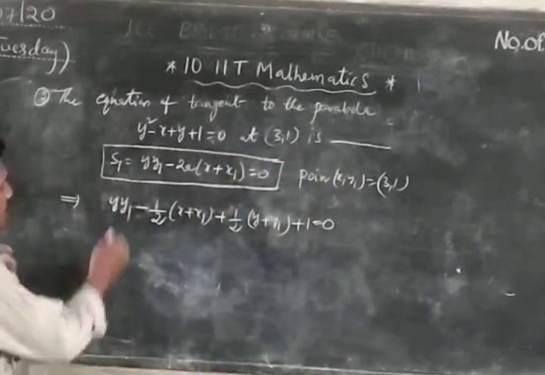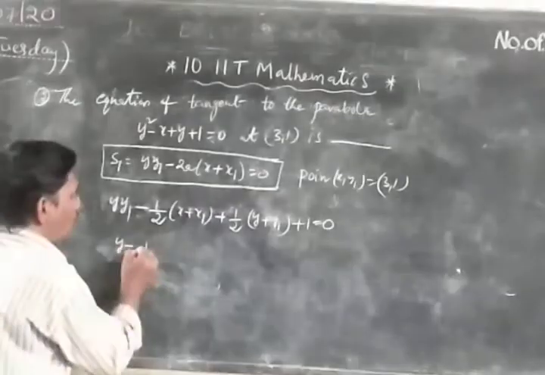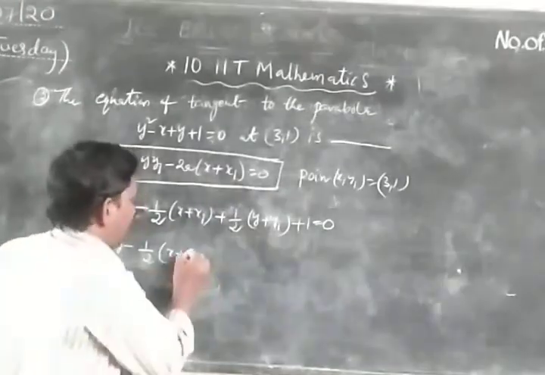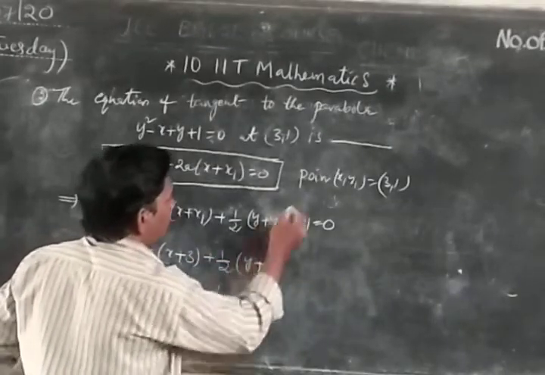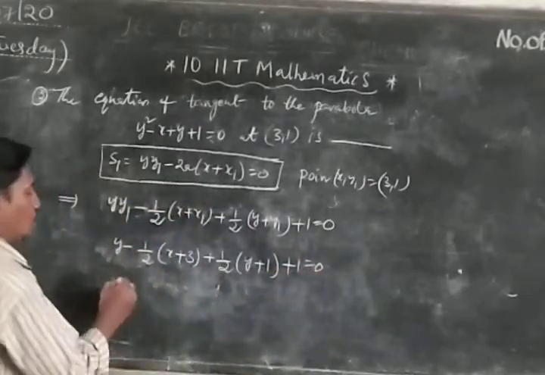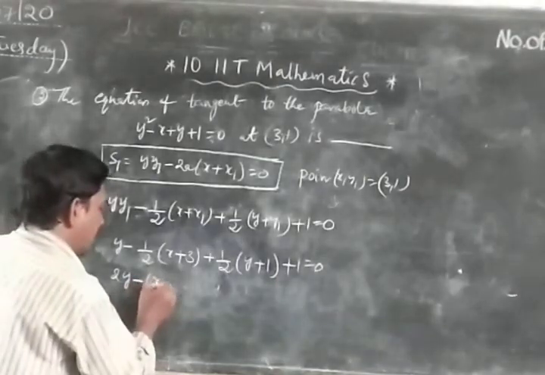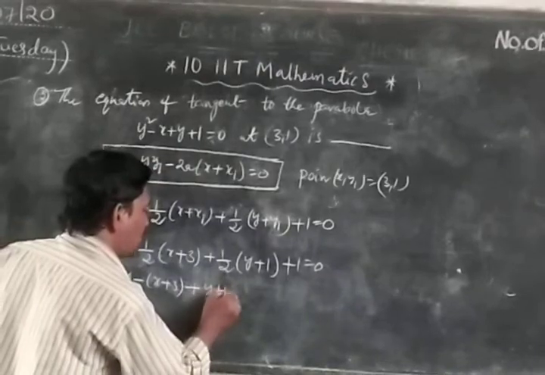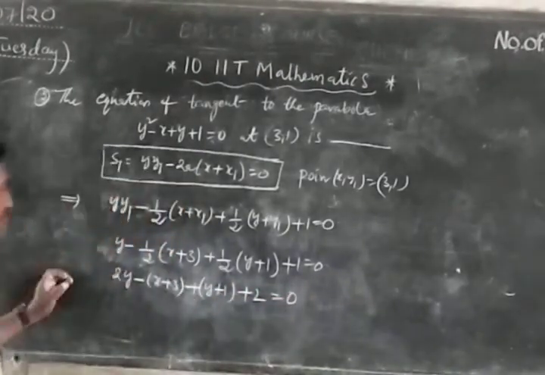Substitute: y minus 1 by 2 into x plus, what is the x1 value? 3, plus 1 by 2 into y plus y value 1, plus 1 equal to 0. LCM: 2y minus x plus 3, plus y plus 1, plus 2 equal to 0.